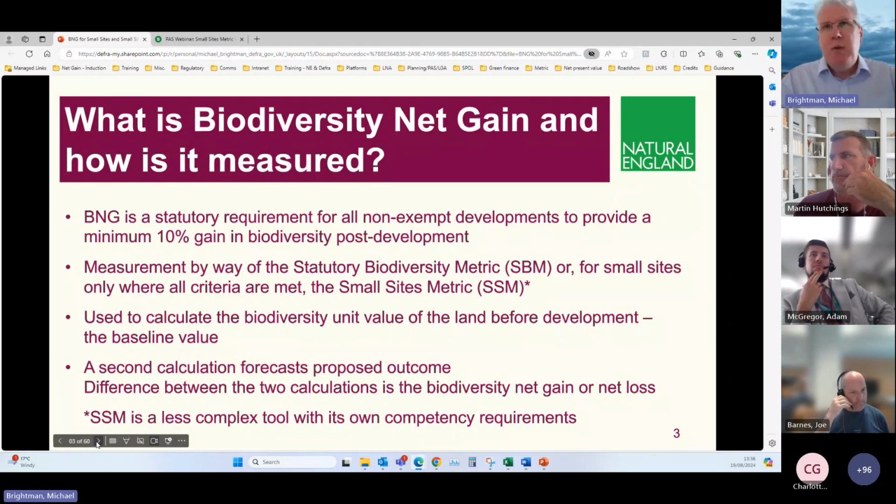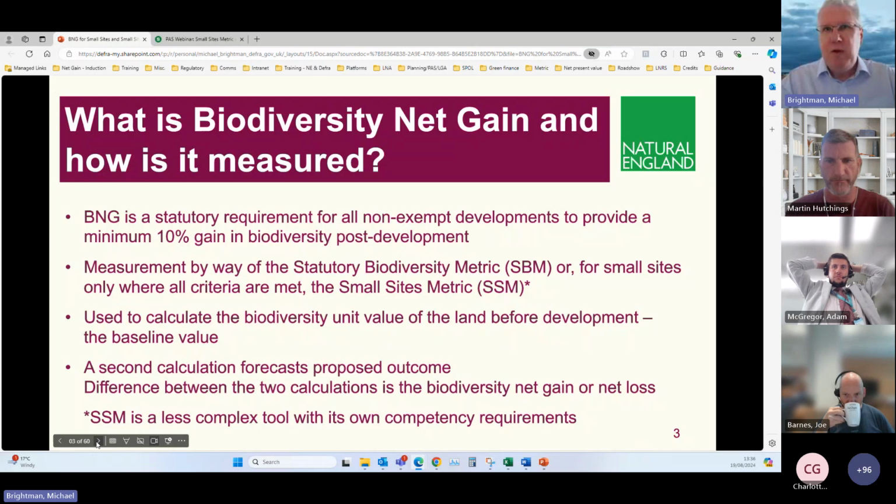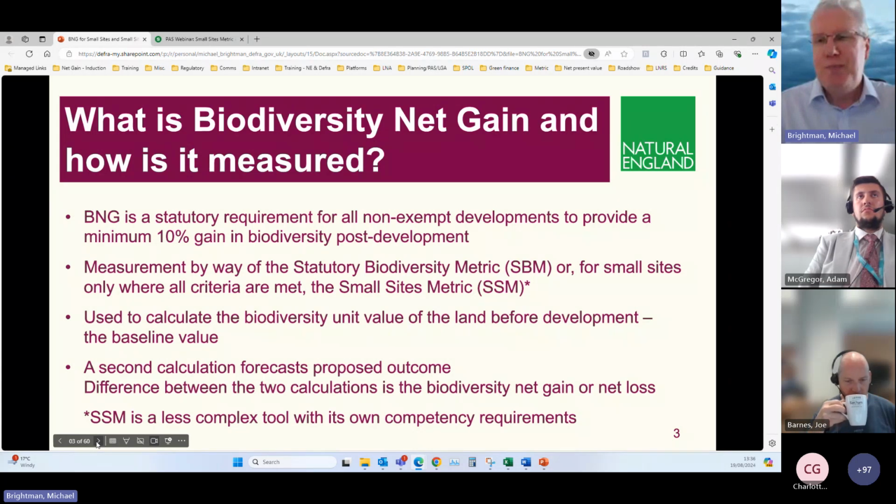And they do that by measurements using either the statutory biodiversity metric or for small sites where the criteria are met, the small sites metric, which is a less complex tool with its own competence requirements. Using either tool, you calculate the biodiversity unit value of the land before development, that's the baseline value, and then a second calculation in the same metric forecasts the proposed outcome, with the difference between the two calculations being the biodiversity net gain or net loss.